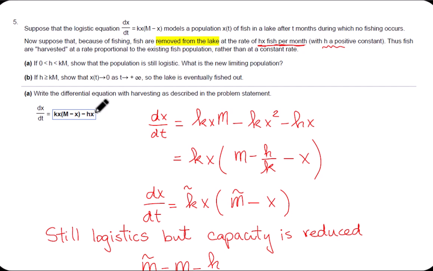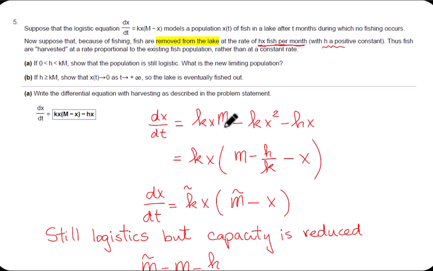So the question becomes, well, what happens if we have different starting conditions? All right, so first off, they wanted us to show that if h is between 0 and km, where M is here and k is our proportionality constant, if my removal rate is between these two numbers, the model is still logistic.